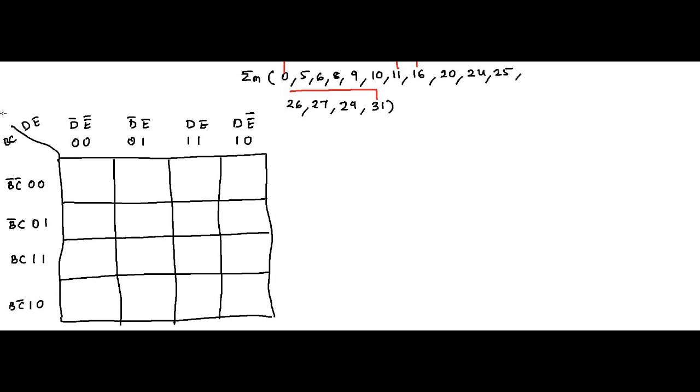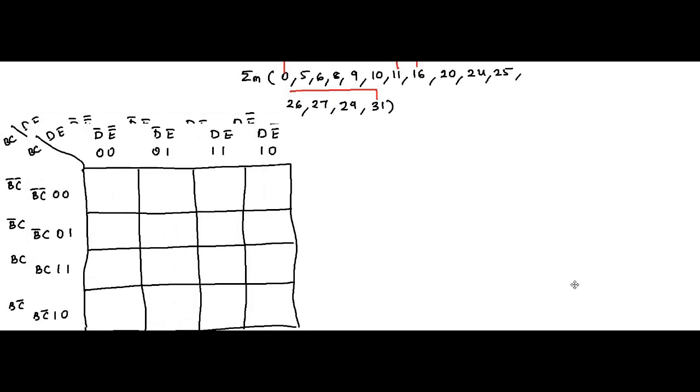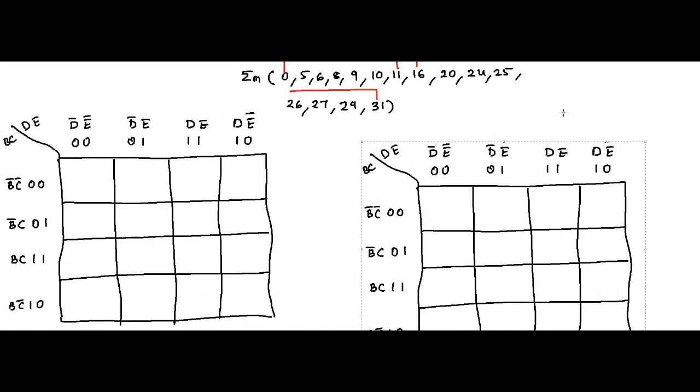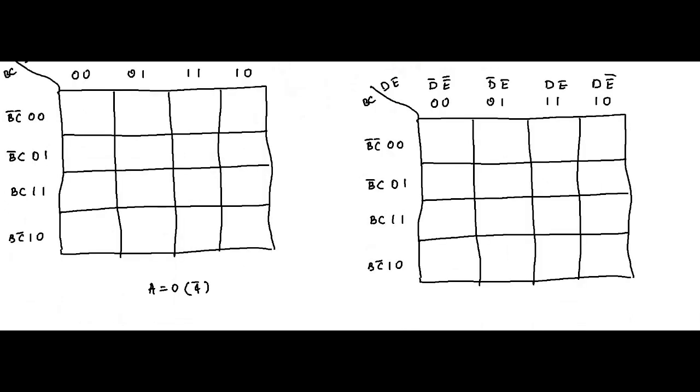Then we have the second K-map. This is the second K-map, same thing, but the Minterm cells will be different.